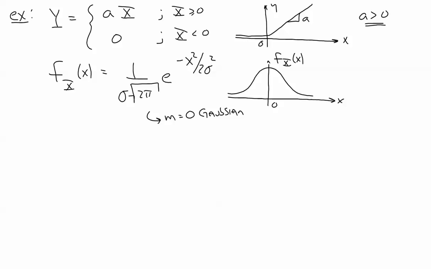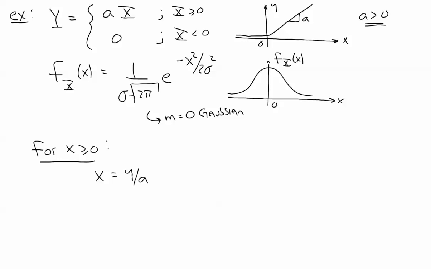All right, so let's do the transformation. We're going to do it over two monotonic regions. We've got a region which is always increasing, and we have another region for x less than 0 where y just equals 0. So for x greater than or equal to 0, x equals y over a.